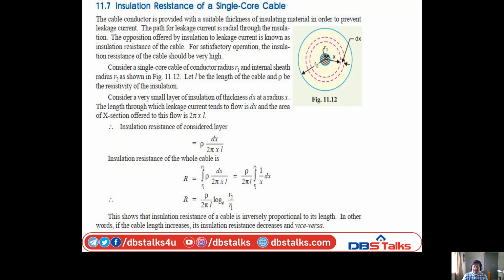In other words, if the cable length increases, its insulation resistance decreases. Suppose the cable length decreases, the insulation resistance increases. This particular line may be used in competitive examinations, right?